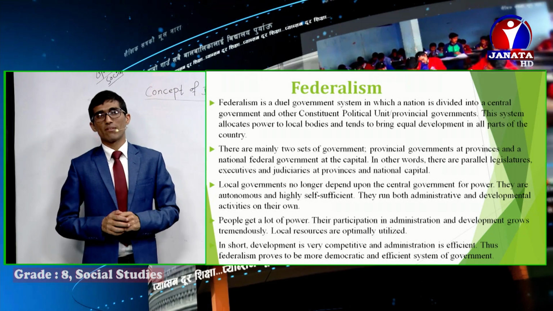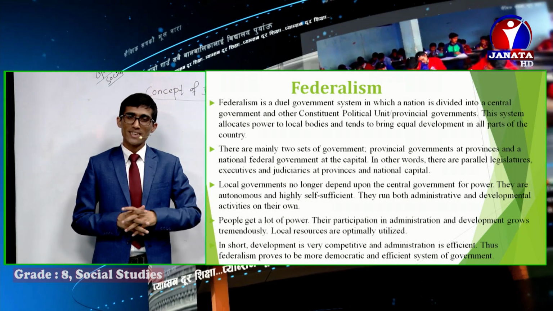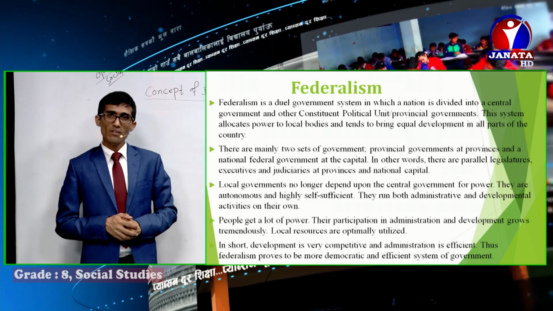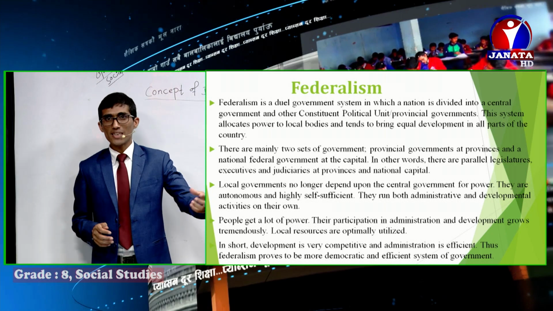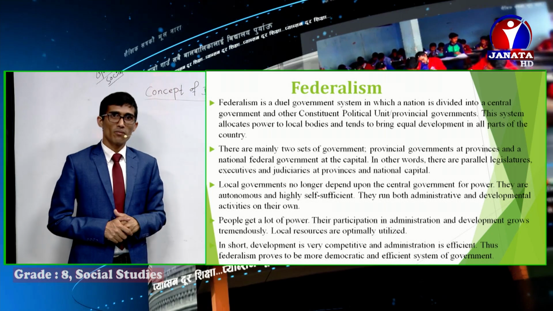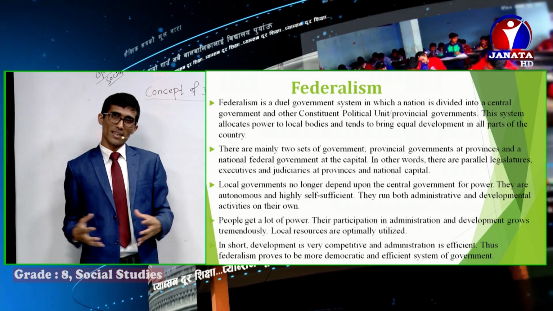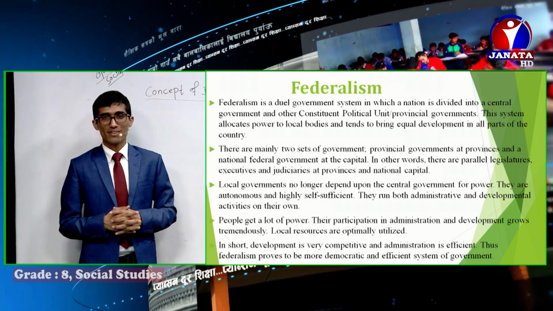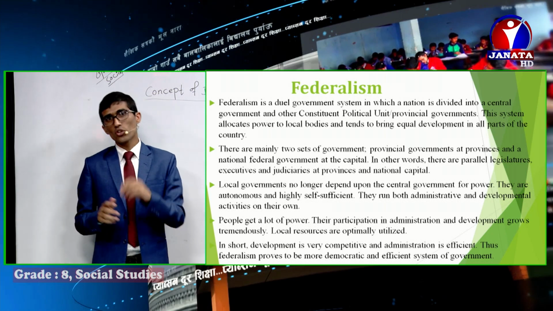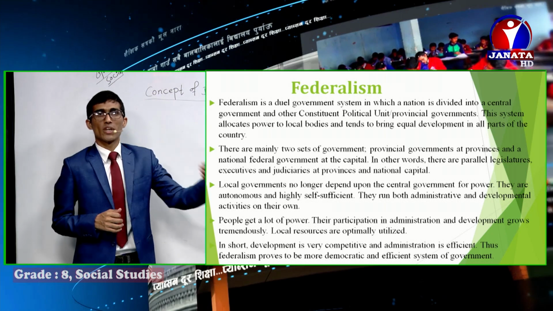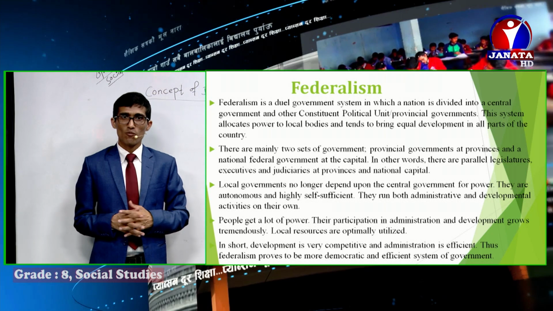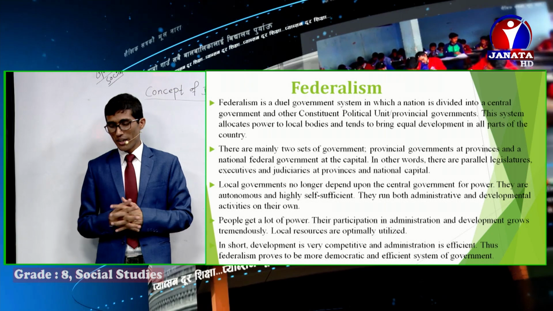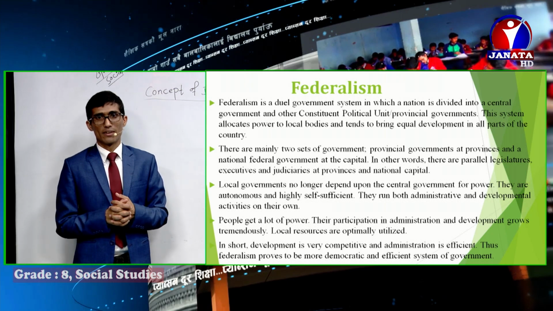Its main objective, its main target, was to reduce regional disparity, to address the needs of the local people, and to develop the nation in a balanced, proportionate way. So now authority is being divided, power is being divided, isn't it? That is the very first thing we need to remember here.